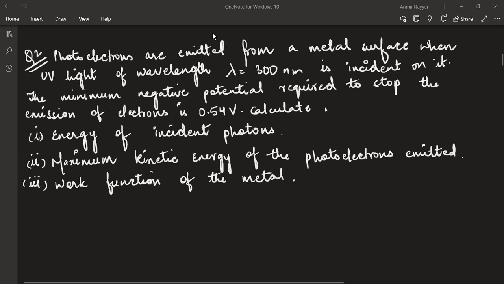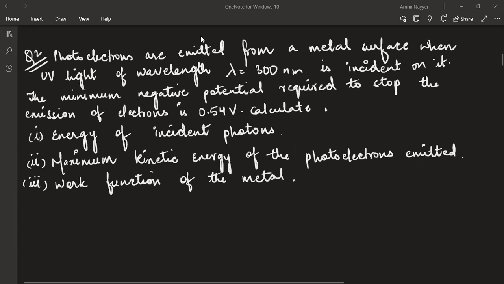Yes, Ahmed, good. This will be in joules, good. See, photoelectrons are emitted from a metal surface when UV light of wavelength 300 nanometer is incident on it. Now, the minimum negative potential that is required to stop the emission of electrons.